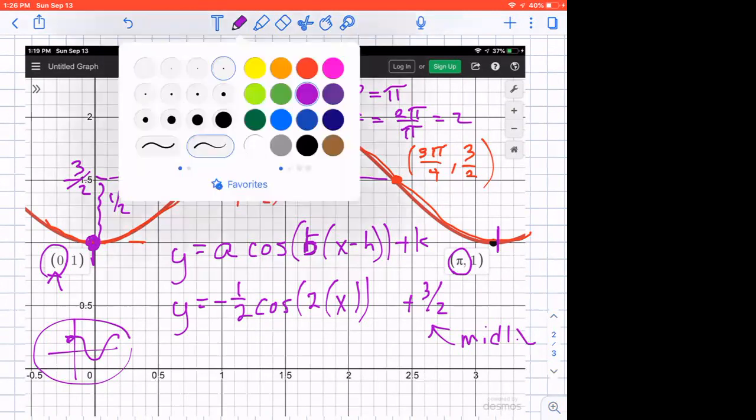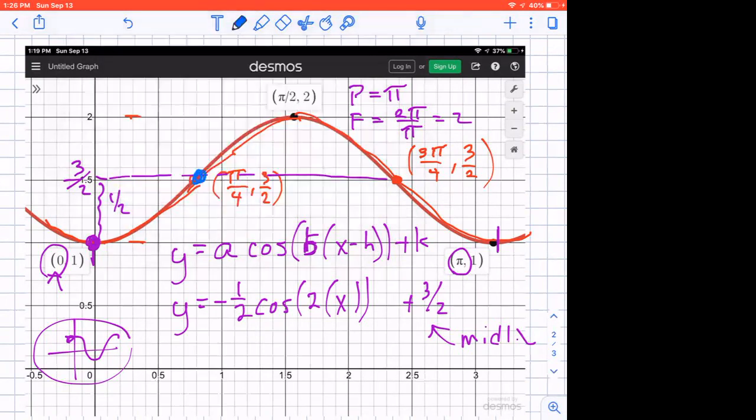Now, we could think of this as a sine graph. Let's think of this as a sine graph for a minute, and let's use pi over 4 and 3/2 as the starting point. If we're going to do a sine graph, we still have the exact same amplitude, but it's not negative because we're starting at a point where the sine graph is starting to go up. So we should erase that little negative part.